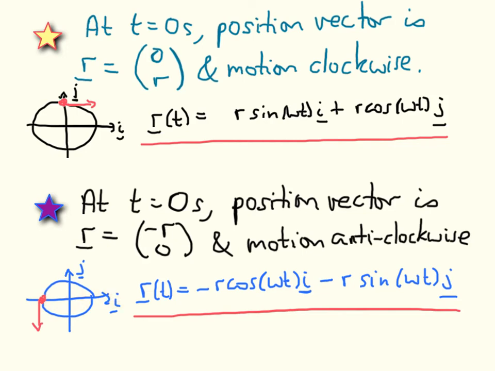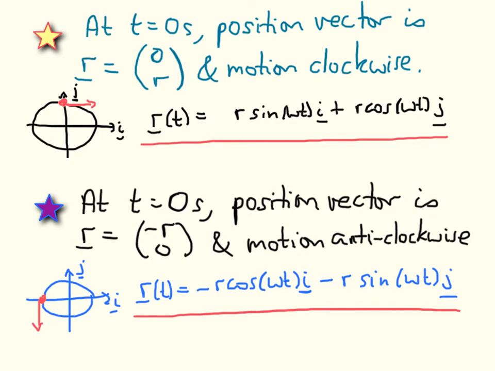And is it positive or negative? Well, when we differentiate it to obtain the velocity, we want the velocity to be parallel to this axis and to be negative. So we have a minus sign here, because when we differentiate this, we get minus omega r cos of omega t.